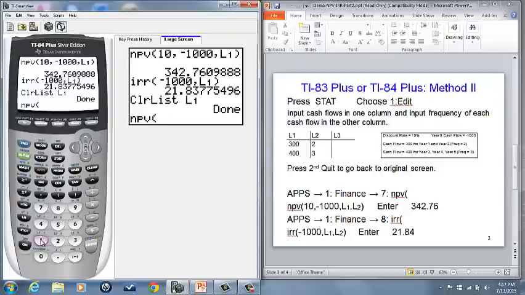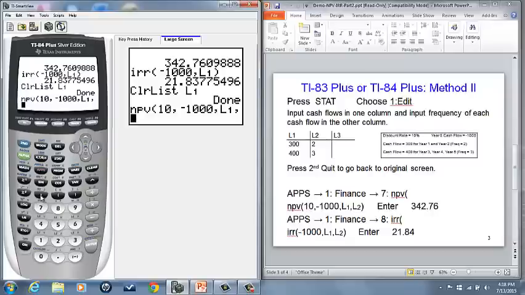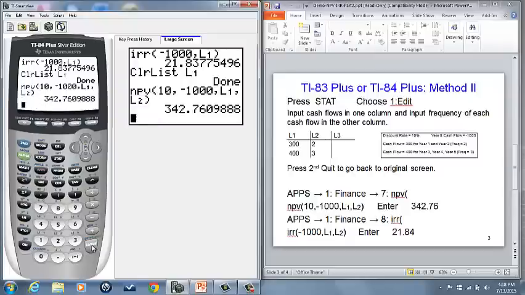So the discount rate 10 first, comma, negative 1000 as CF0, comma, the cash flow list, 2nd 1, which means L1, and the frequency of cash flow list, L2, 2nd 2, right parenthesis, enter. It will show us the same answer, NPV 342.76.